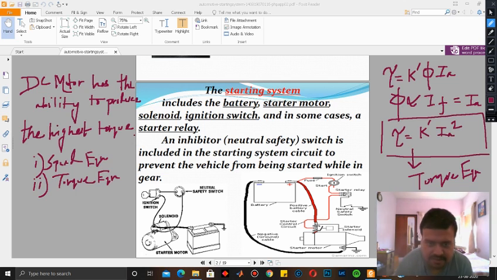So next comes the solenoid. As you can see over here, the solenoid is mounted on the starter motor. So what is a solenoid?